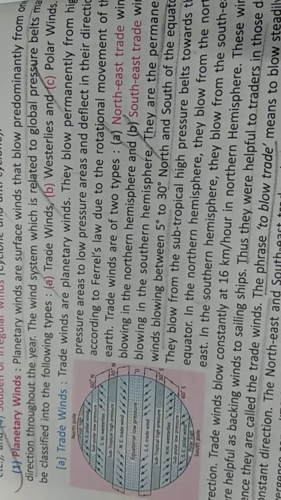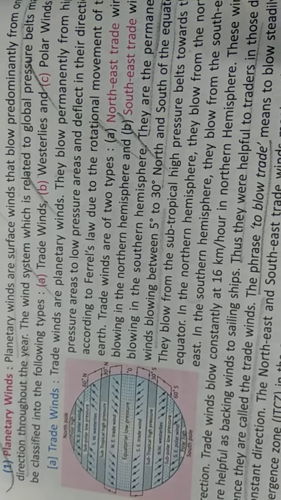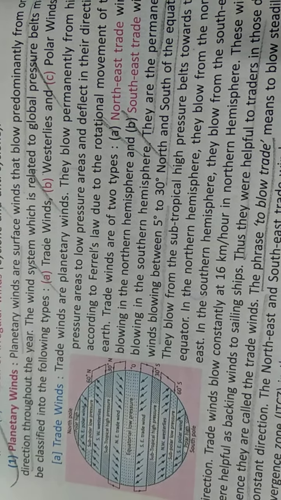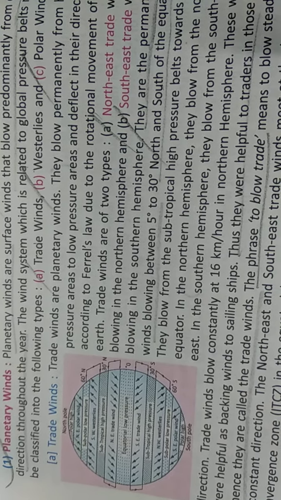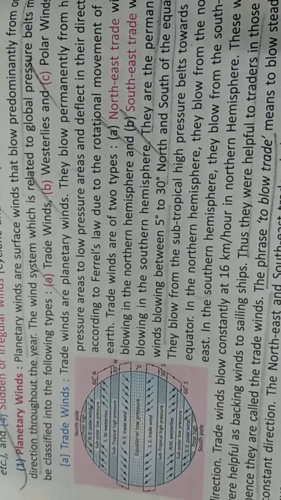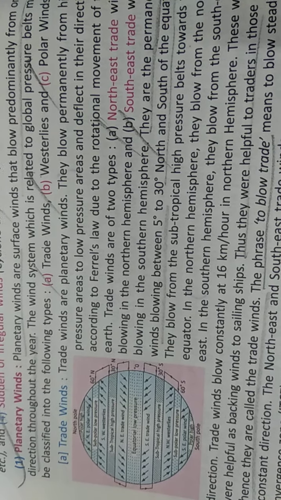Talking about trade winds, they are those planetary winds that blow permanently from high pressure areas to low pressure areas and are deflected in their direction due to the movement of the earth, according to Ferrel's law.